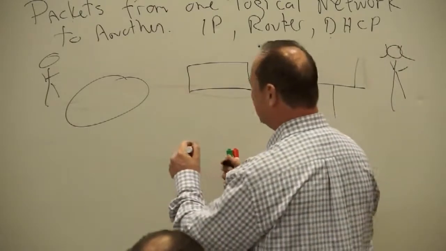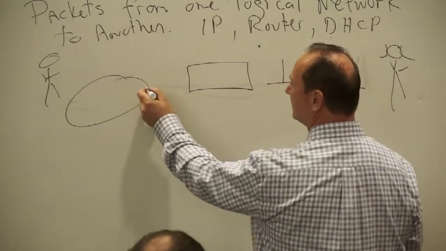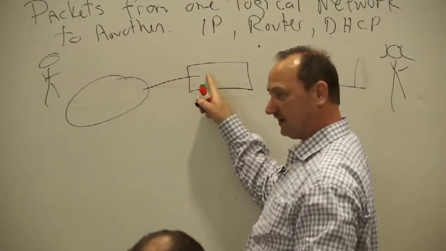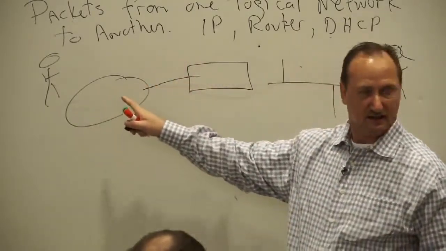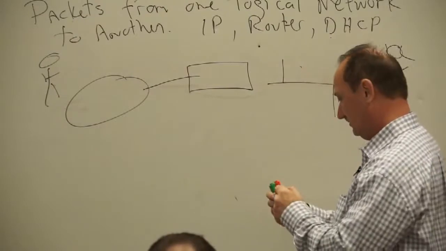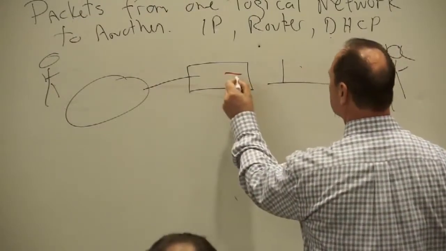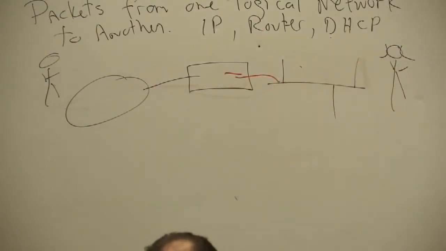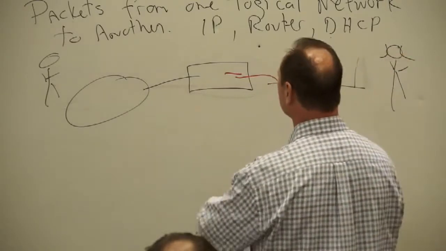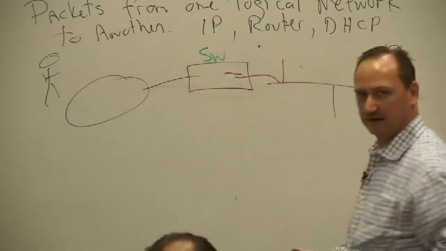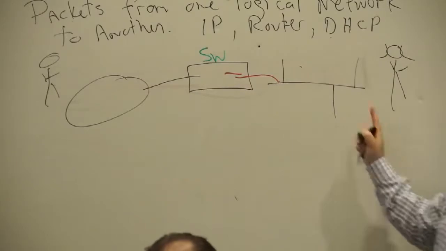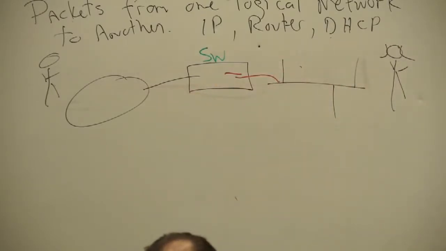They put a card in this side of the PC to make it part of this network, and they made this side part of that network, and they wrote some really cool software that allowed information to flow from this side to that side. Connecting different types of networks is what a router does. That's the birth of a router.